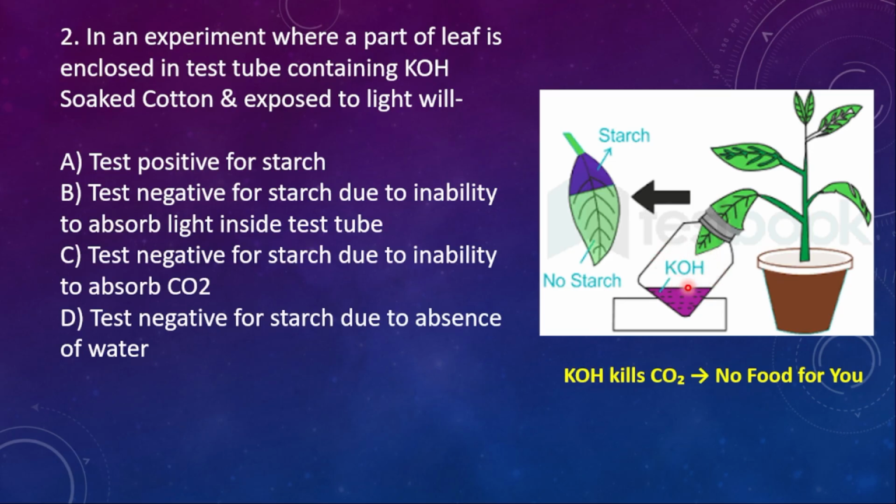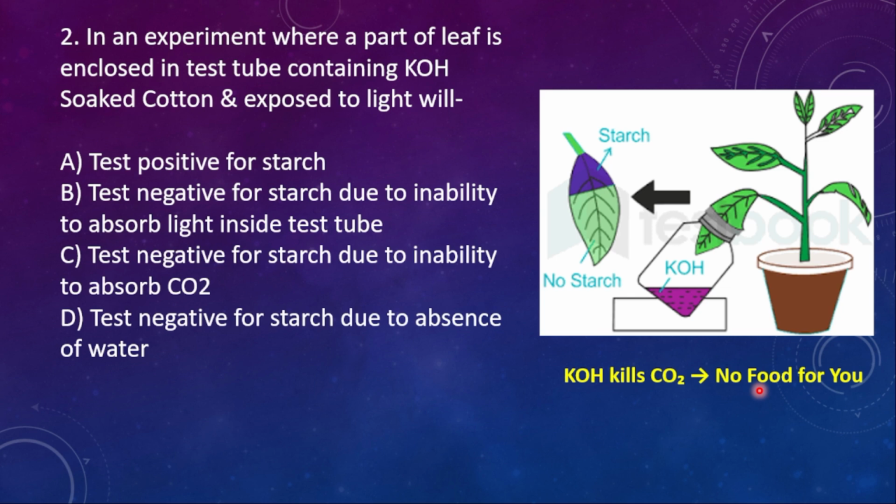If KOH is absorbing all the CO2, there will be no CO2 available for the leaf, so starch won't be present in this area. The part of the leaf exposed to the air, where CO2 is present, will have starch. But the part inside, exposed to the KOH, will have no starch. So if KOH is there, there will be no food for you.